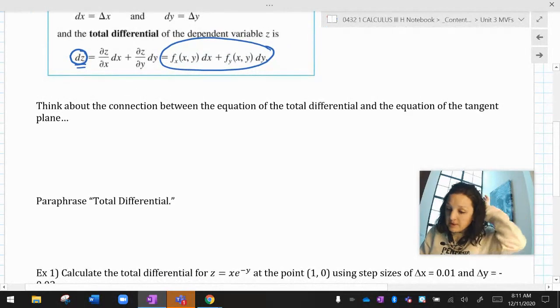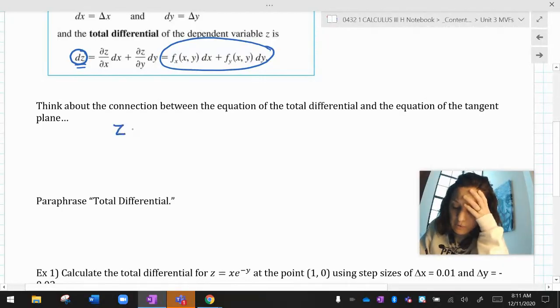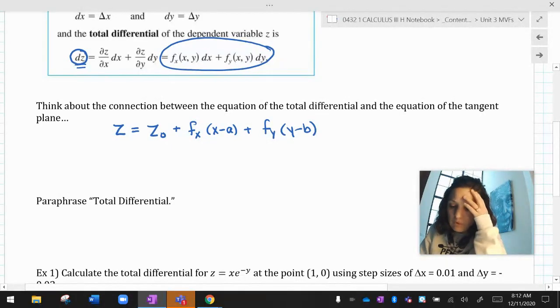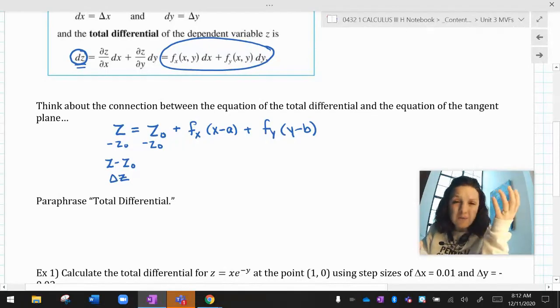So, it says, think about the connection between the equation of the differential and the equation of the tangent plane. Well, my tangent plane was z equals z sub 0 plus f sub x times x minus a plus f sub y times y minus b. If I subtract z sub 0 from both sides, I get z minus z sub 0, which could be called delta z, which if it's a small enough value, delta z is really dz.